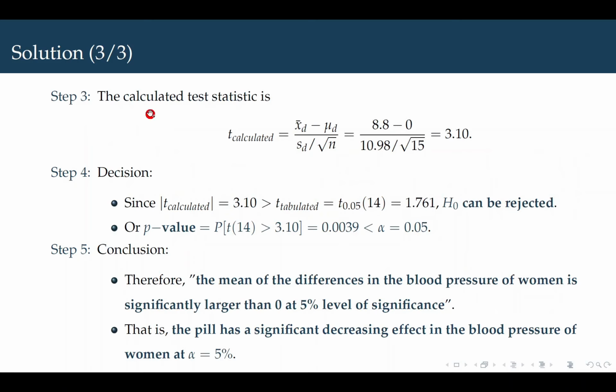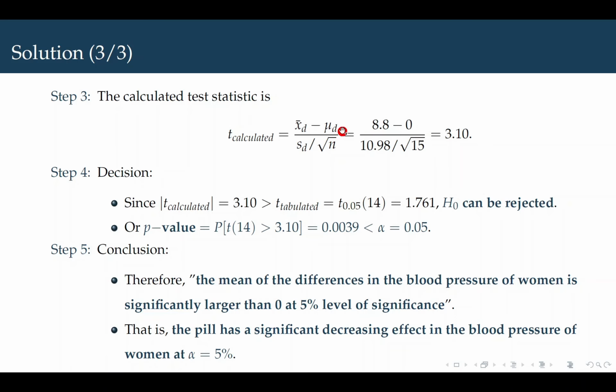Then next we can obtain the calculated value of the test statistic, and this calculated value of the test statistic is the sample mean of the differences minus the population mean of the difference, which is actually 0, divided by the standard deviation of the differences over root of the sample size. Then the sample mean of the differences is 8.8.